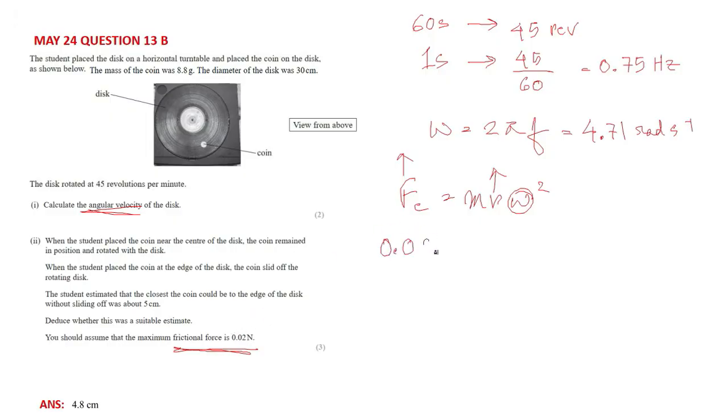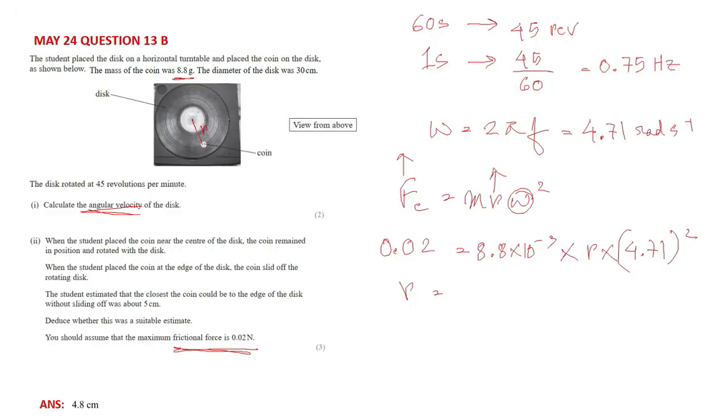So 0.02 equals the mass of the coin, which is 8.8 times 10 to the power minus 3, times r, which is what you have to find out, times omega squared, 4.71 whole squared.